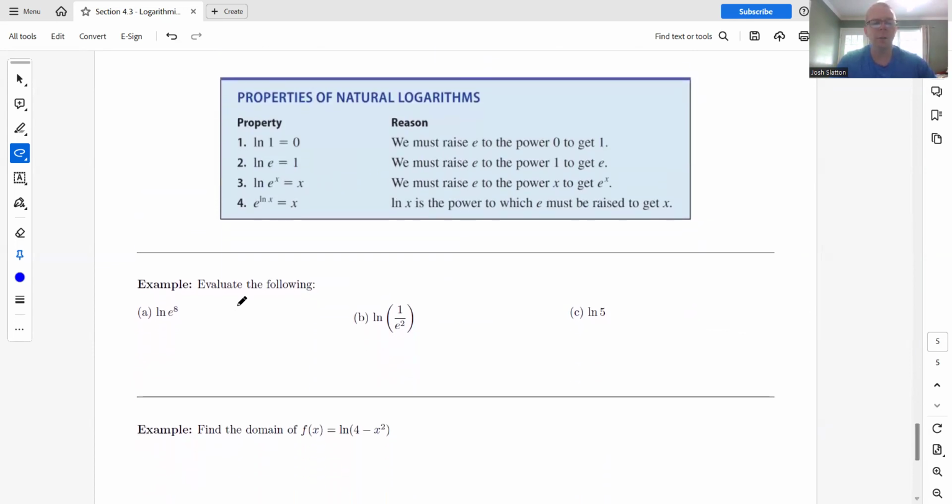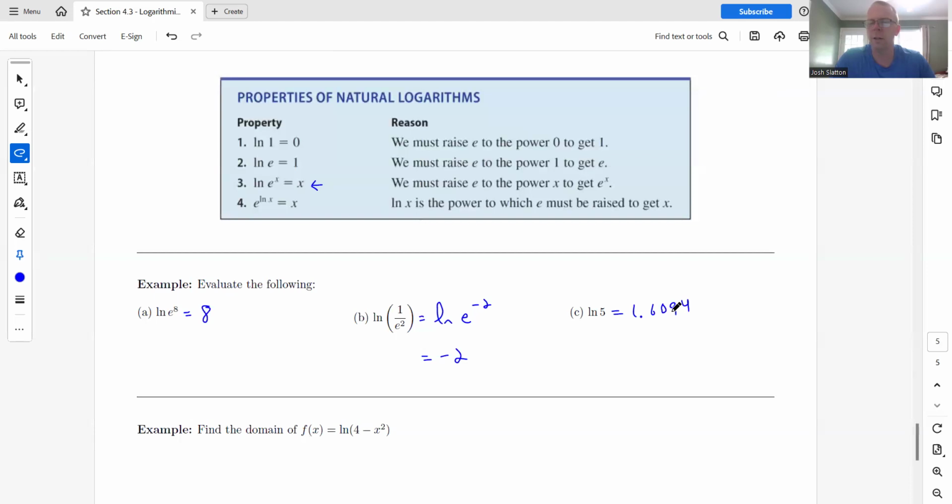So evaluate the following: ln of e to the 8. You can put these in the calculator, or at least you can put this one in. That would just give you 8. This one, we could rewrite as ln of e to the negative 2, in which case we're at this property, and that will equal negative 2. ln of 5, there's no way to do this one in your head anyway, so you need a calculator, and out to 4 digits, you get 1.6094.